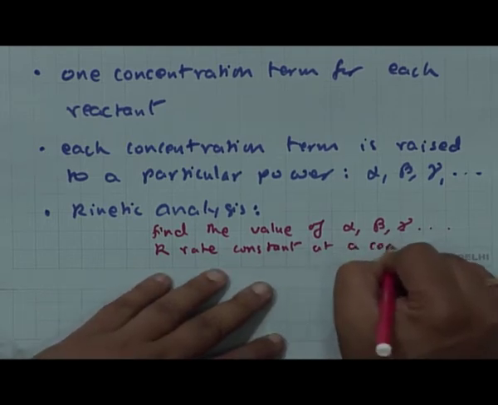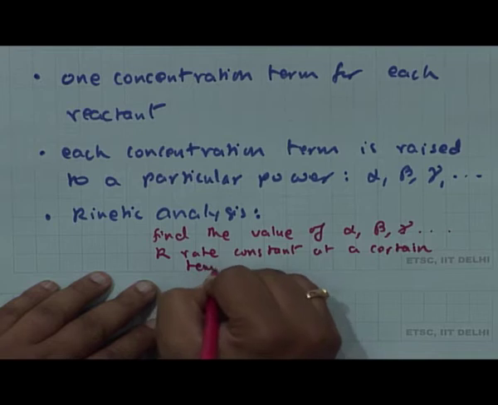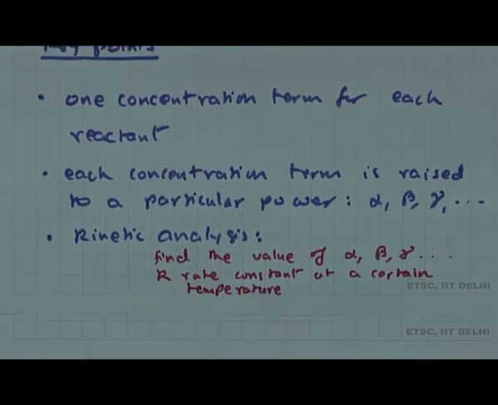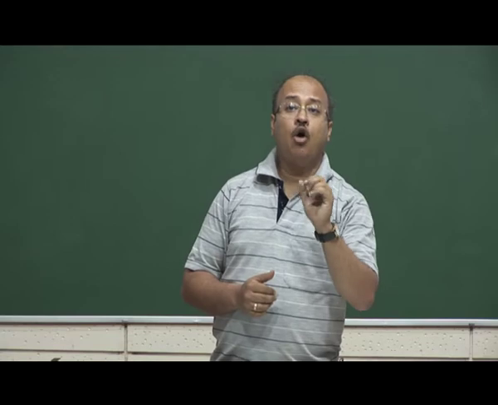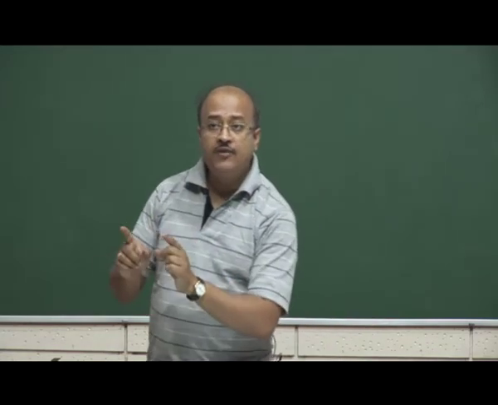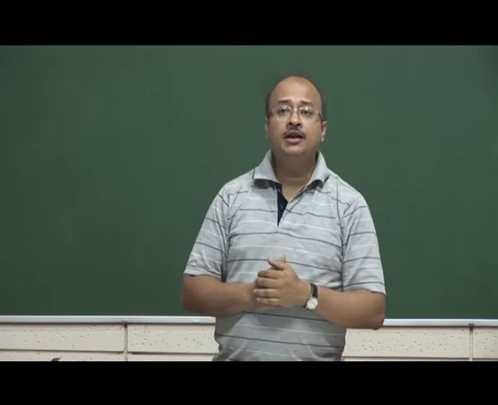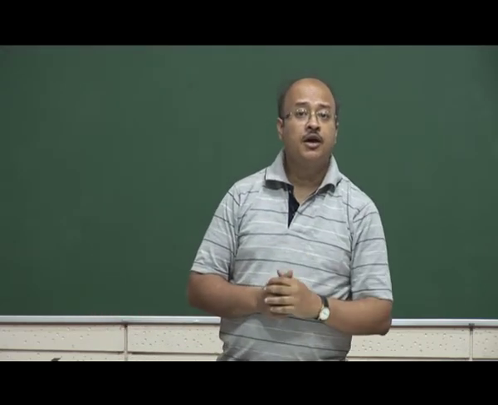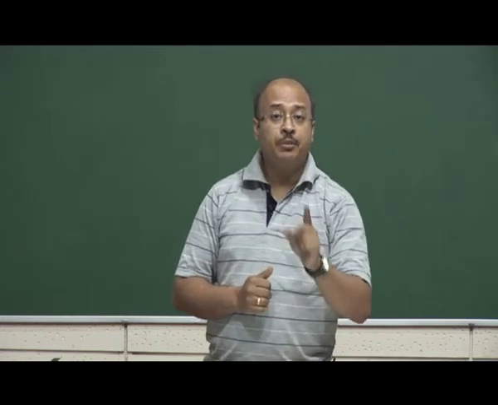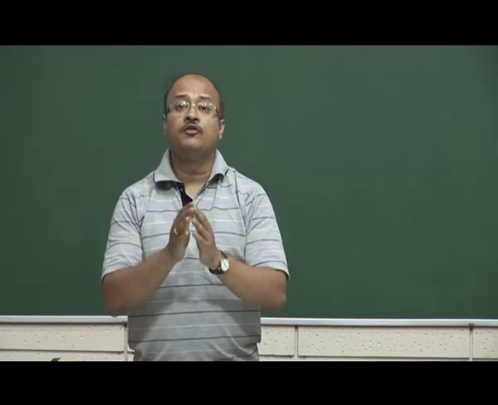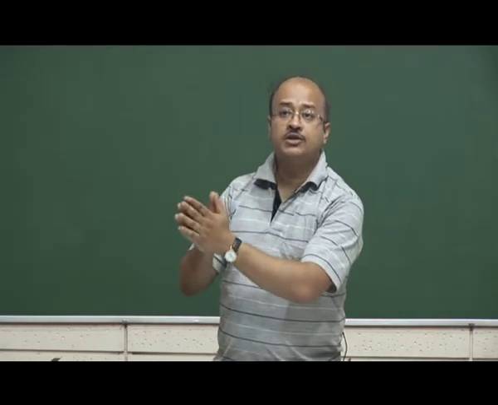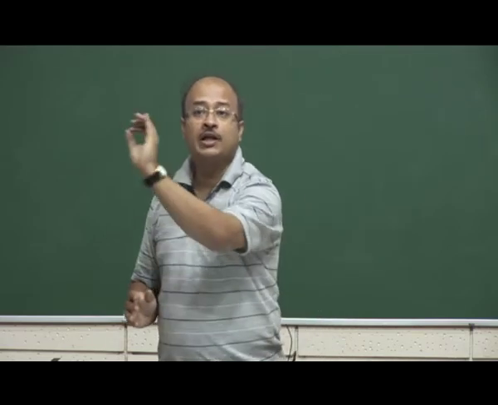at a certain temperature. So, when you are doing a kinetic analysis, what we mean is that for any reaction, I need to figure out the respective orders for each and every individual reactant involved, and once I have done that, I also need to figure out the rate constant k at a particular temperature, because remember the rate constant is a constant, but it does depend upon temperature, and hence whenever we are doing this analysis, we have to make sure that we do it at a certain constant temperature, because the rate constant is defined only for that temperature.